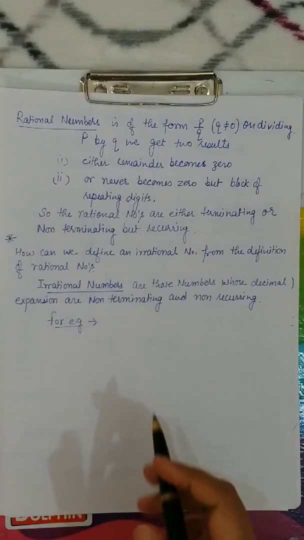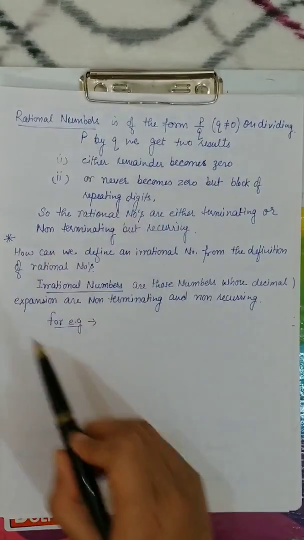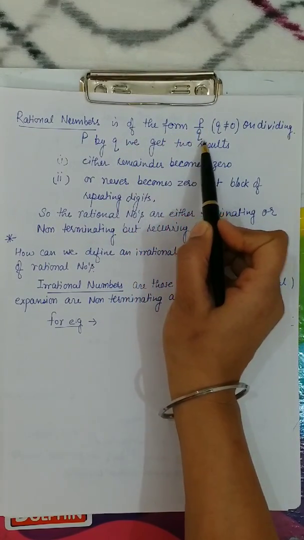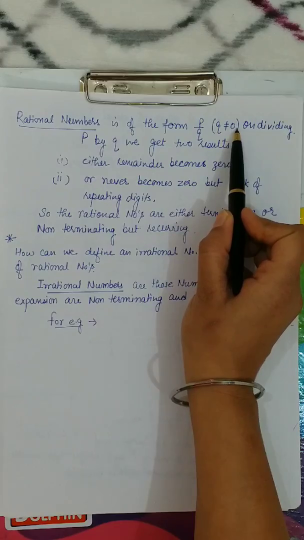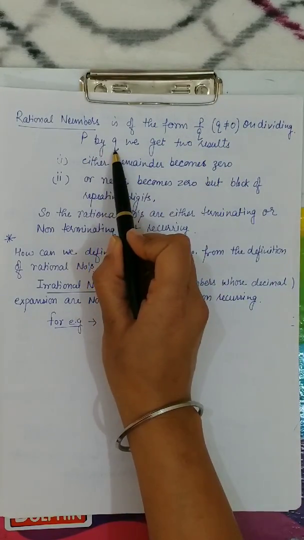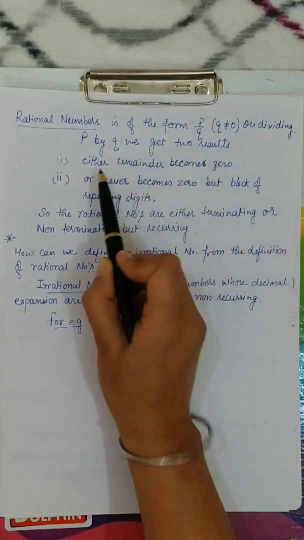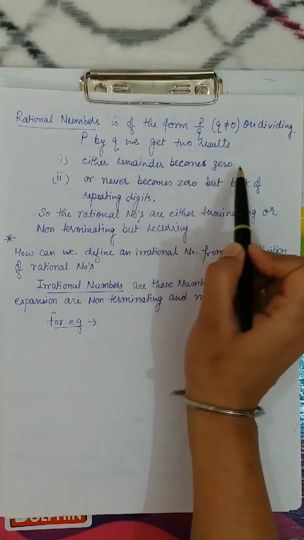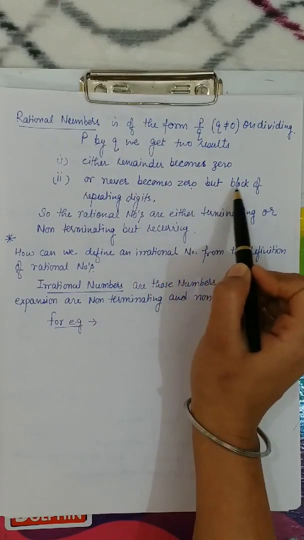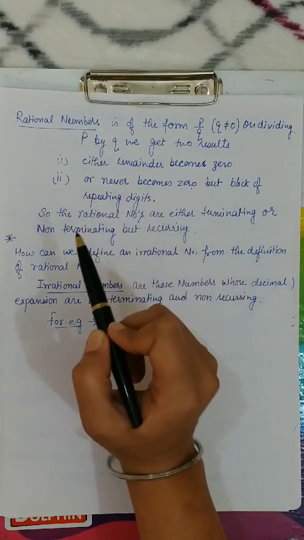So we can define rational numbers as numbers of the form p by q, where q is not equal to 0. On dividing p by q, we get two results. Either the remainder becomes 0, or it never becomes zero but we get a block of repeating digits.